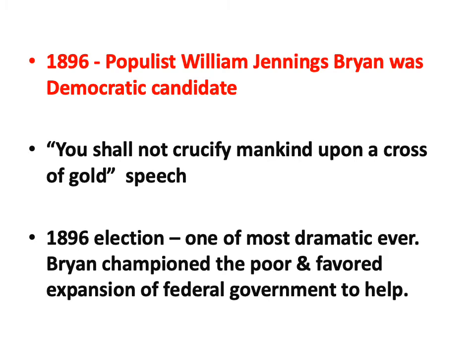This is a very famous political speech. Again, it was one of the most important elections of this period, very dramatic. In addition to campaigning to change the currency system, he wanted to greatly assist the poor and do that by expanding the federal government to provide such assistance. So this was sort of a dramatic break with previous elections.